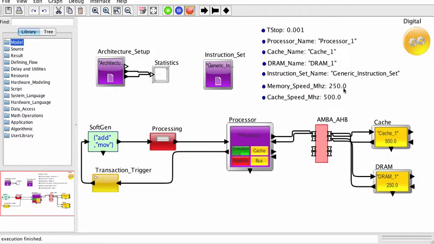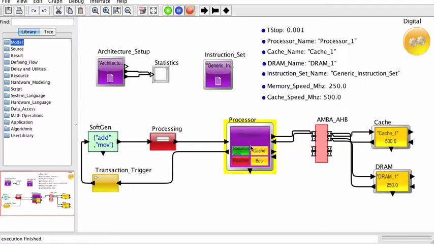Now consider the following block diagram. The blocks on the left hand side are responsible for generating the task, and inside of the task are a series of instructions according to the target processor that will be simulated on the processor itself.